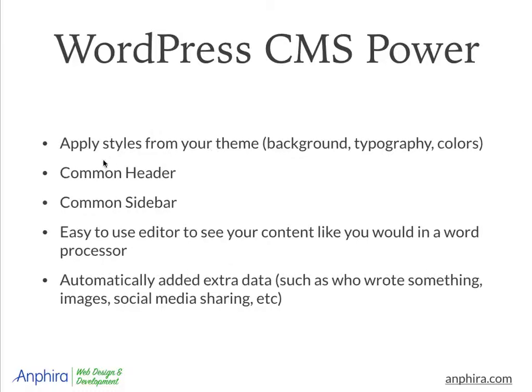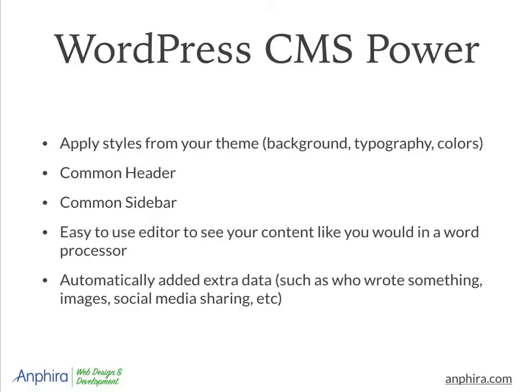Some of these examples are: we can include a common header on every single page, a common footer on every single page, a common sidebar, and we can automatically add extra data such as the author, social media links, other things. And finally, one of the most fun things about the WordPress CMS is that it has an easy-to-use editor, which means you can easily format your content the way you like to, without actually writing HTML.